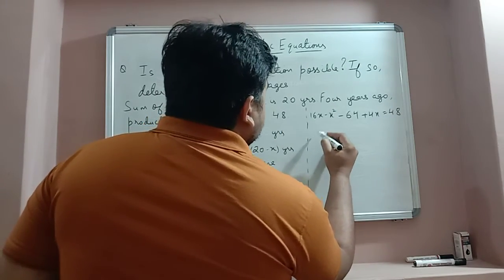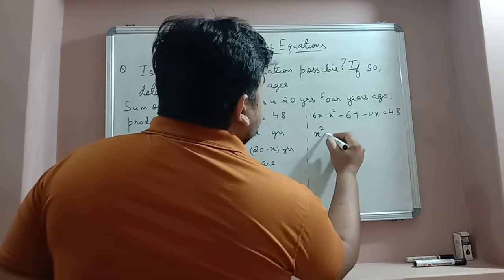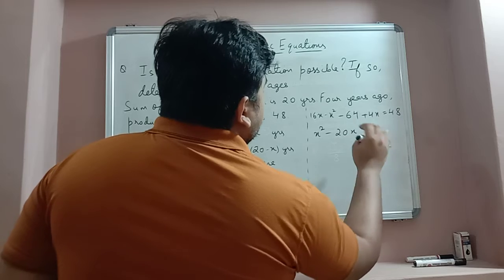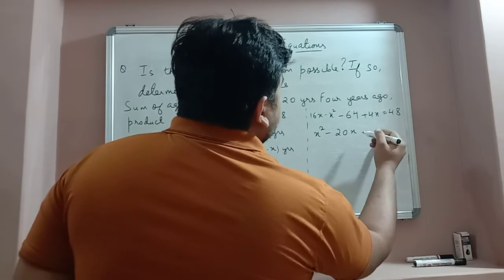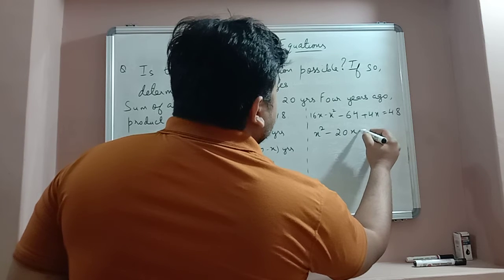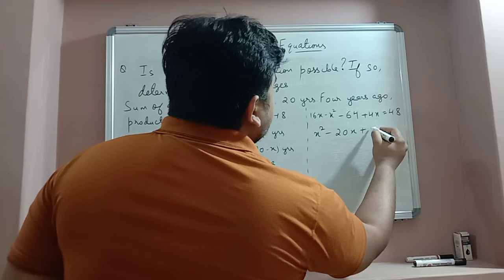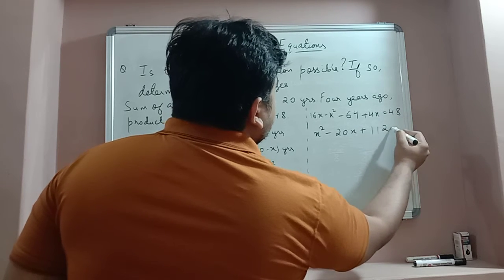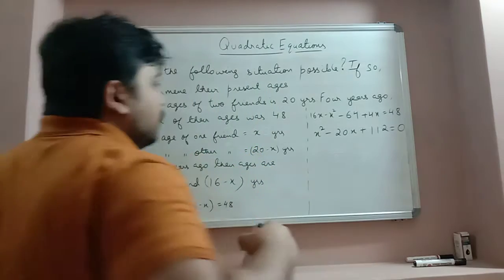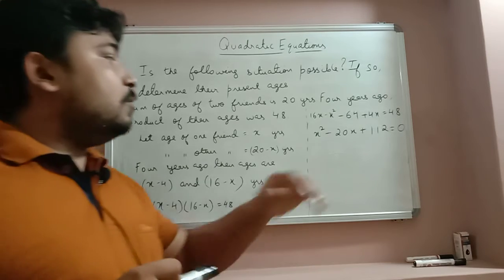So this will become x square, 16 plus 4 is 20x, so minus 20x, and 64 plus 48 will give me 112. So our equation comes out to be x square minus 20x plus 112 equals 0.